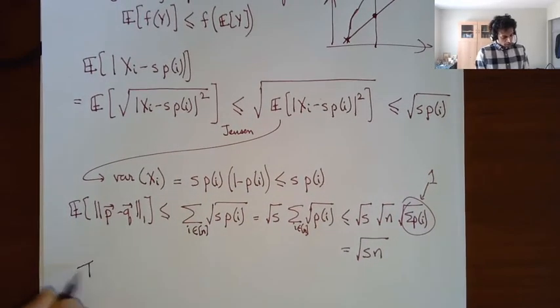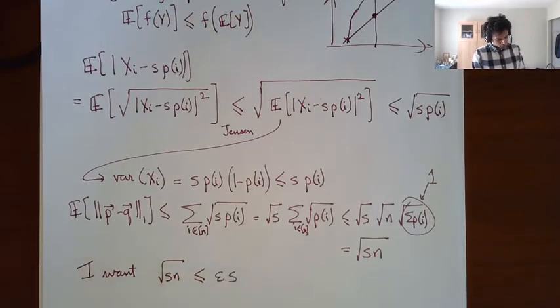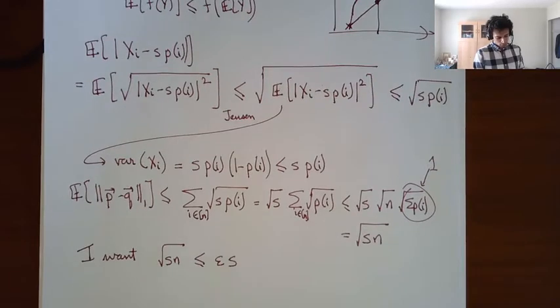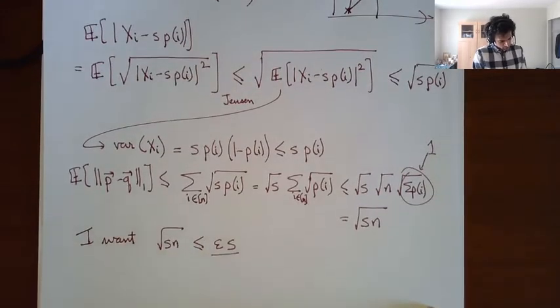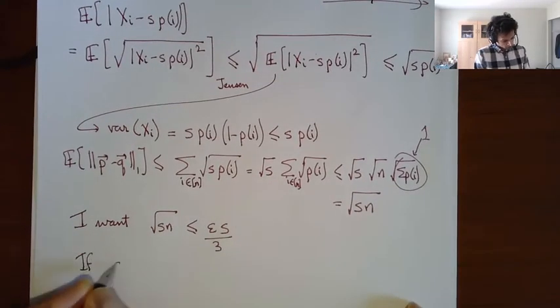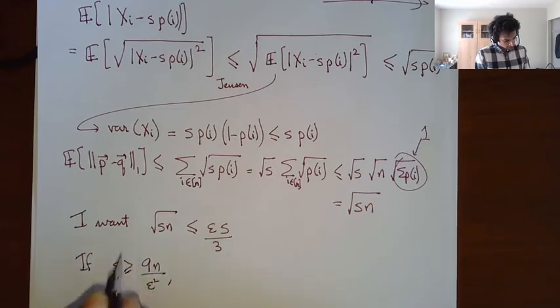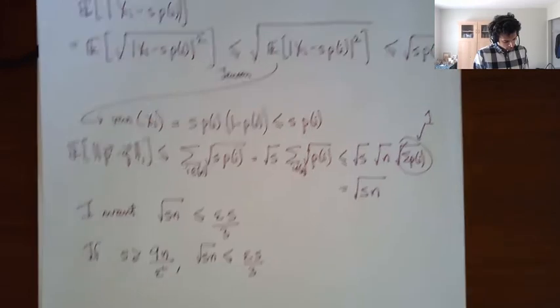What do I want? I want this square root of s n to be less than epsilon times s. Right? Or let's just say, let me make that epsilon times s over 3. Work the math out. So obviously if s is at least 9n divided by epsilon squared, then square root of s n is going to be at most epsilon s divided by 3.